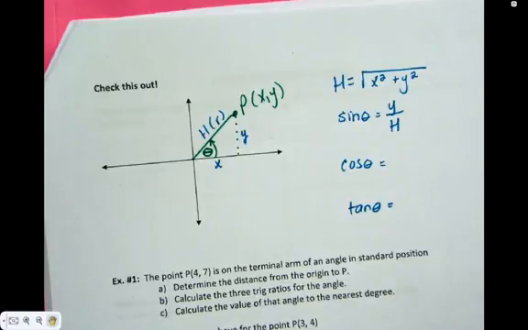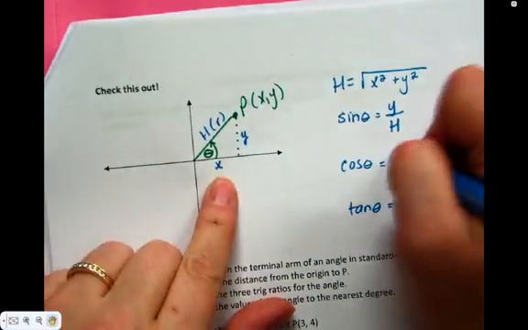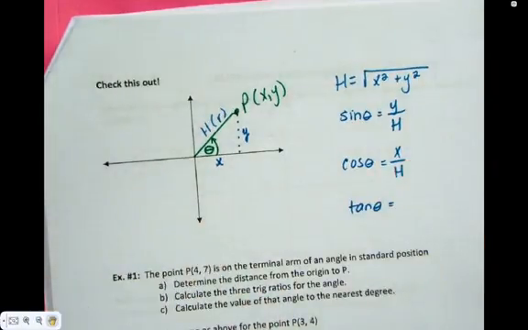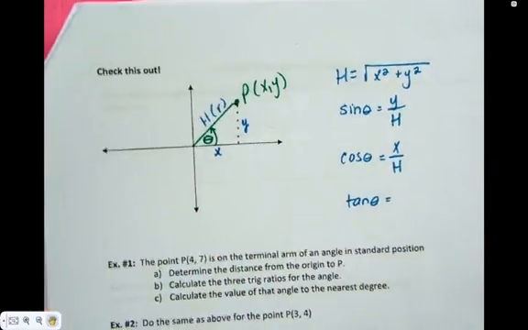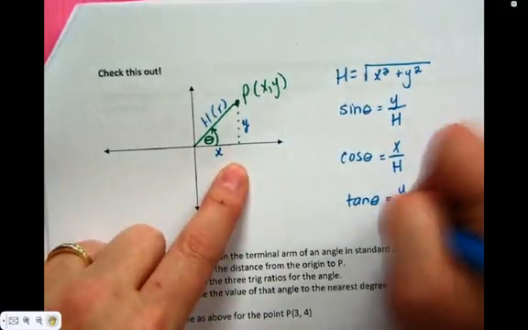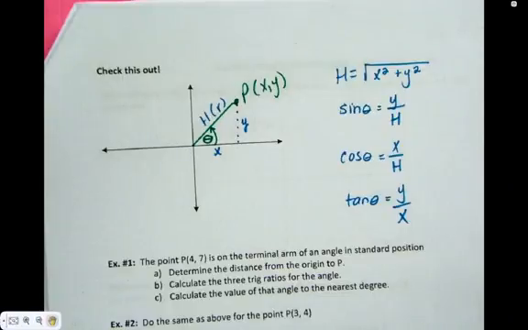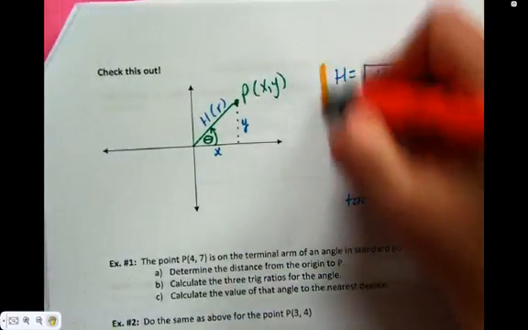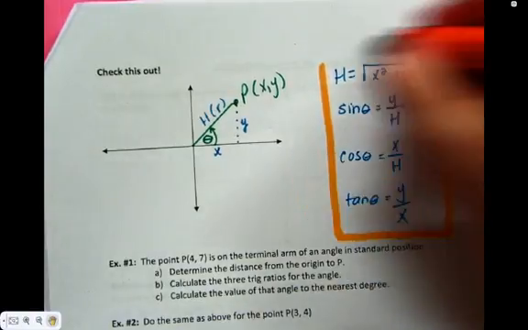And cos is A over h, and I've defined the A side as x and h as h. And tan is O over A, but I've defined O as y and A as x. And then I want you to put these in a nice highlighter box, and I'll tell you in a second why we need to know them.